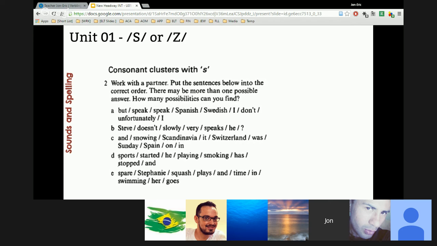Is it an S or a Z? Z. Exactly. It was snowing. Look how they blend together. So the S becomes a Z in was, and it transforms back into an S for snowing, and they link together.